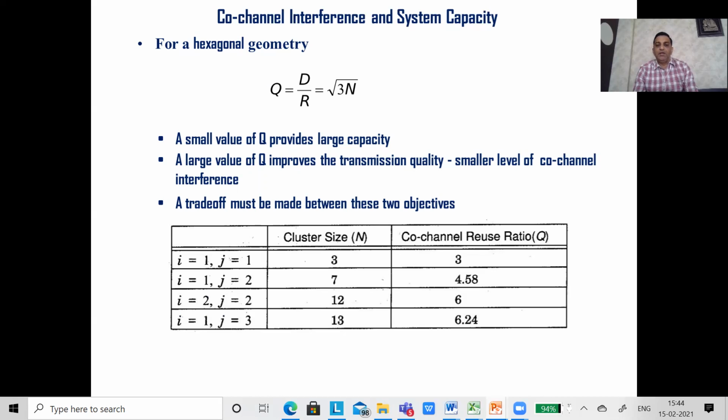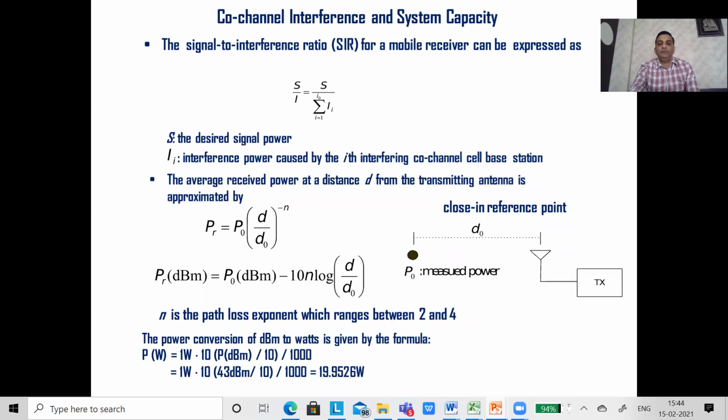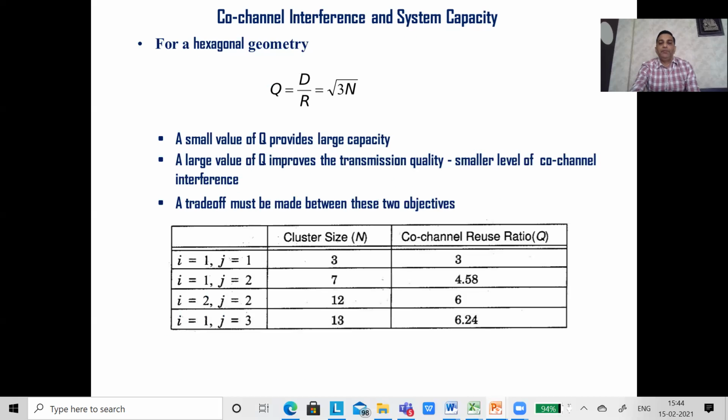The table shown here mentions the value of I, the value of J, then the cluster size N, and the co-channel reuse ratio. For the values of I and J, as you are aware, we can calculate the cluster size N: N is equal to I square plus I into J plus J square.